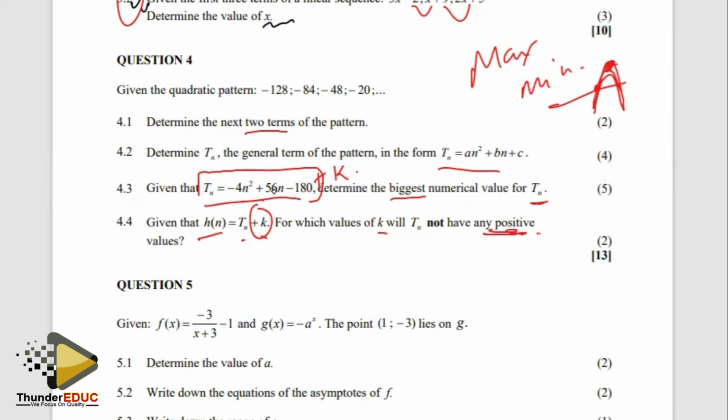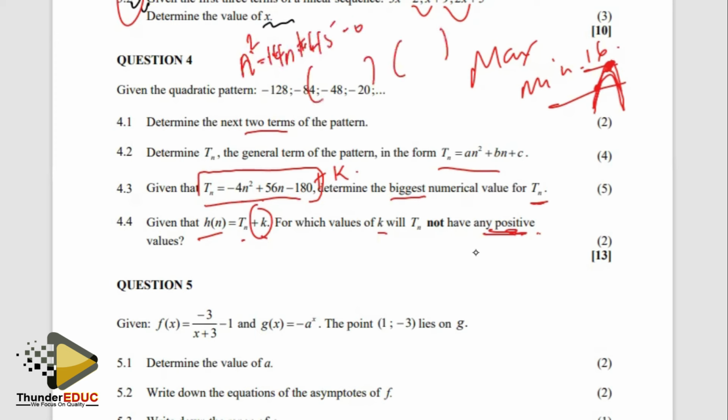it makes me wonder. Remember, our maximum we got was 16. So for it not to have any positive values, because we don't know where the function is cutting the axis, if I try to solve this, I'll have n squared minus 14n plus 45 is equal to 0.